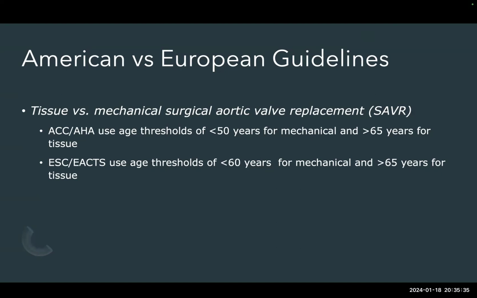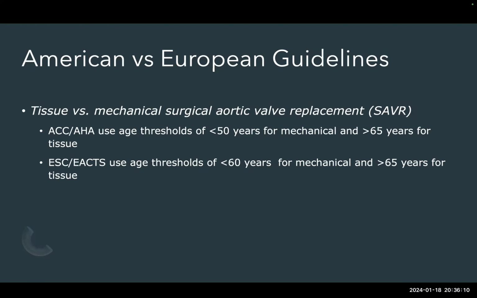So this patient, I will avoid mechanical valve, even if he is young, because I don't trust him to take warfarin and get the regular treatment. Okay, let's say we discuss this. We have the patients and the anticoagulation, no problem with it. So when I use tissue, when I use mechanical valve, ACC and AHA, it depends on the age.